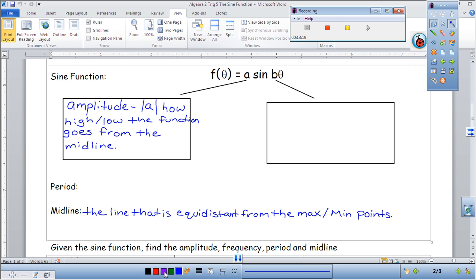Okay, then we're going to talk about the frequency. The B value is the frequency. And that is the number of cycles between 0 and 2 pi.